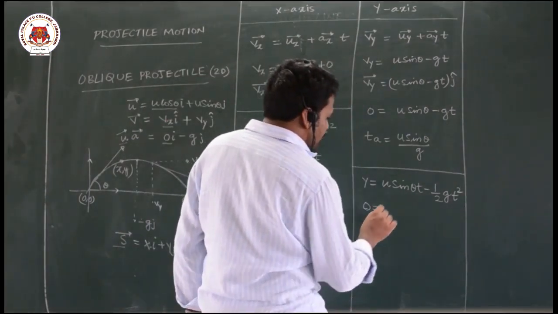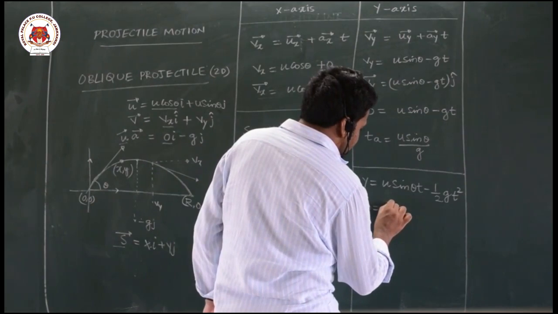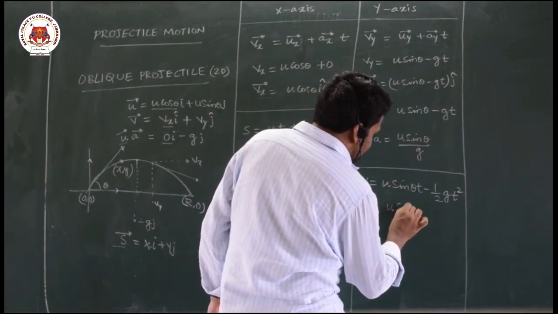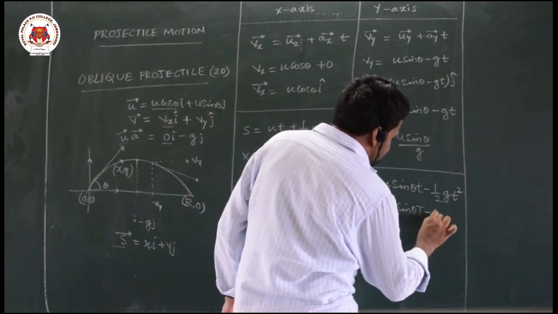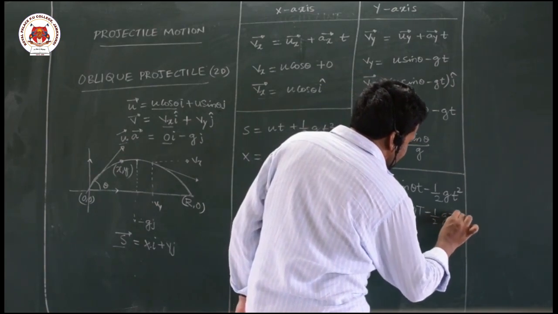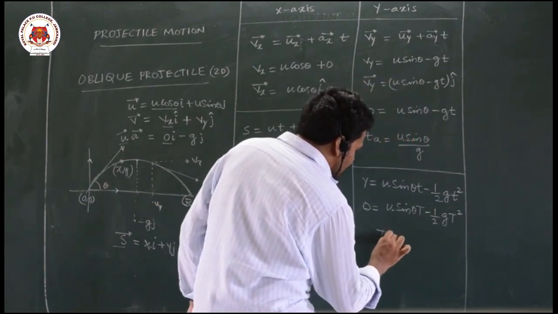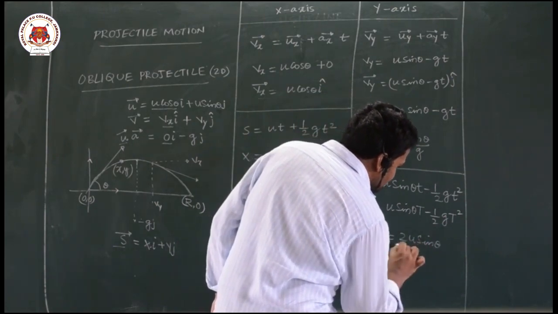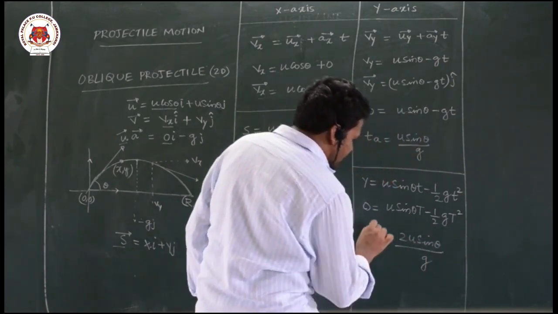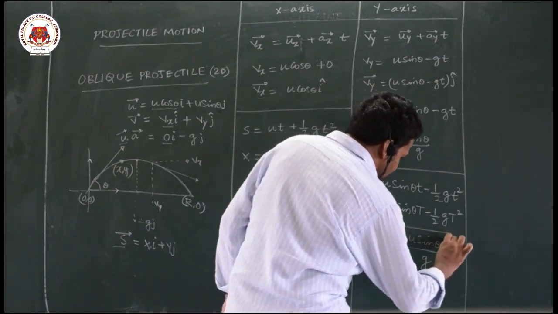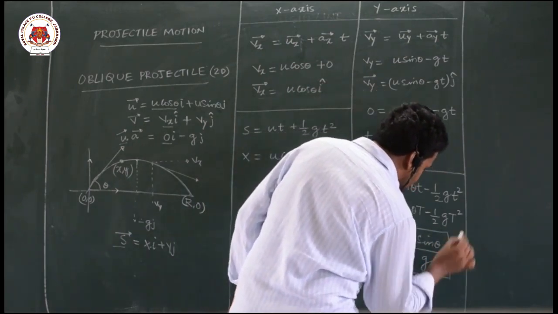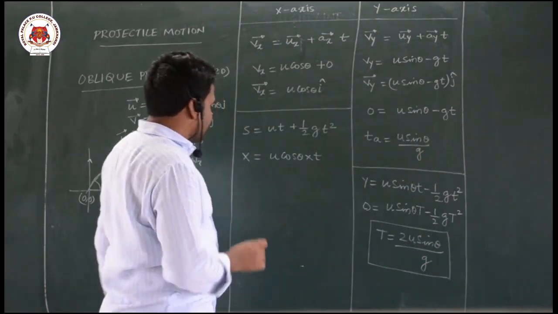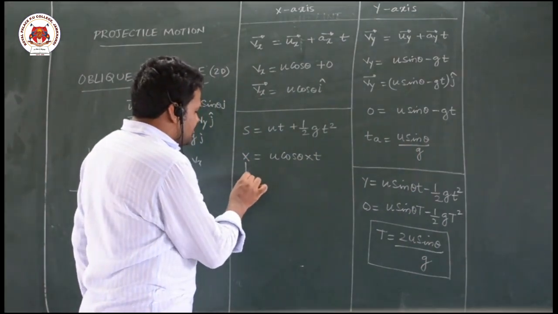y is equal to 0, you will get u sin theta into t minus half g t square equals 0, so time of flight is equal to 2u sin theta by g. This is formula for time of flight. You got one more formula. Now come here, x becomes range.